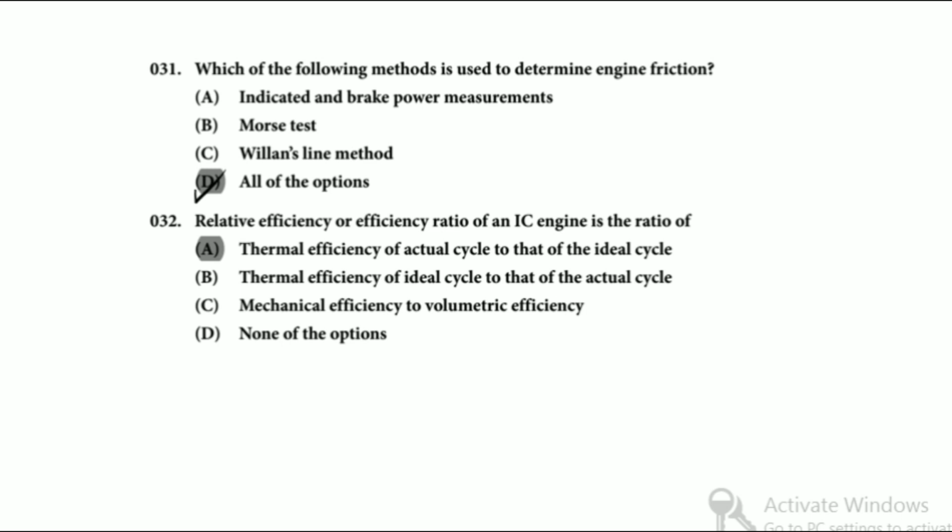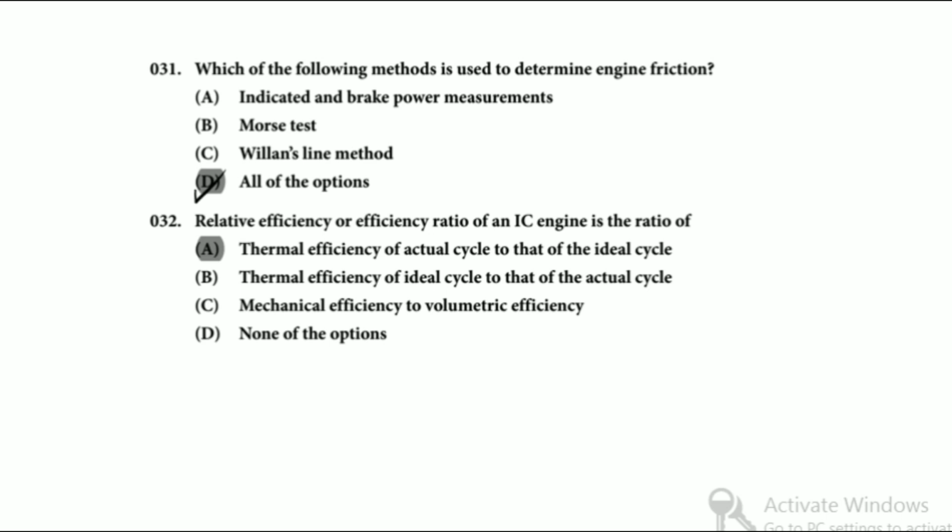Question number 32, relative efficiency or efficiency ratio of an IC engine is the ratio of dash. Thermal efficiency of actual cycle to that of ideal cycle, then second, thermal efficiency of ideal cycle to that of actual cycle, mechanical efficiency to volumetric efficiency, and none of the options.